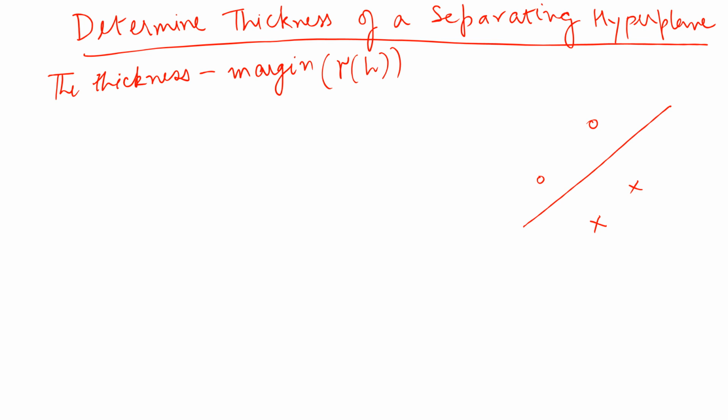By thickness, I mean that the moment I try to determine the thickness, it should be twice the distance, because it has to be on both sides. It has to be twice the distance from the point that it hits first, right? So the distance from this edge, which is my separating hyperplane, to the closest data point, and twice of that, of course. And that I'm defining as gamma h.